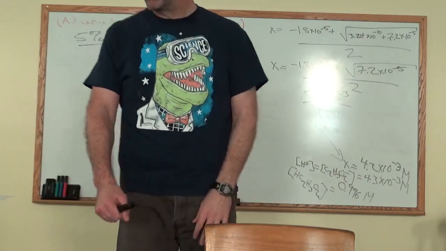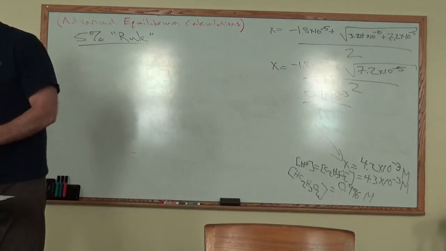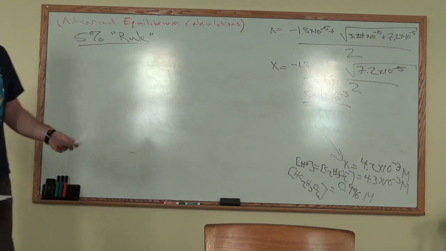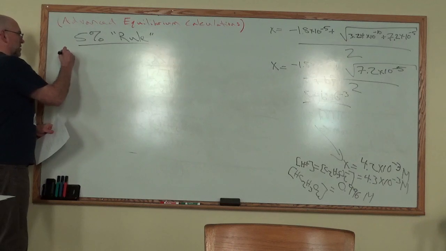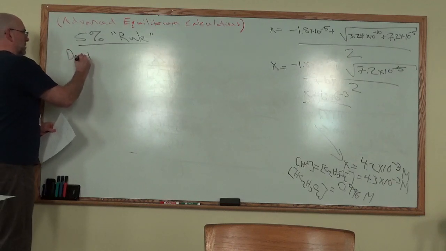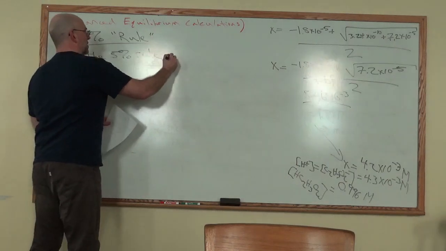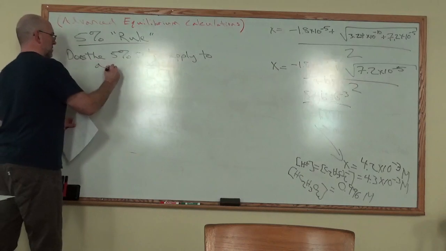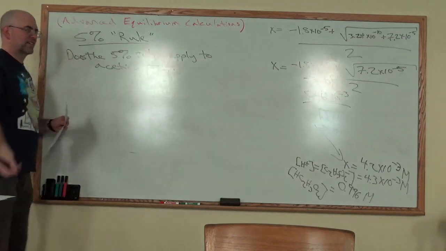Okay, well, how do you know that? Well, let's just do an example. Oh, I kind of already did the example, actually. So the question is, does the 5% rule apply to the example we just did?